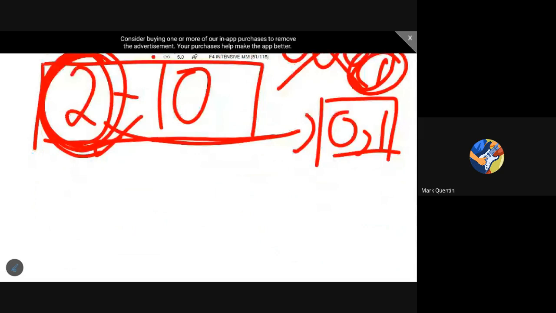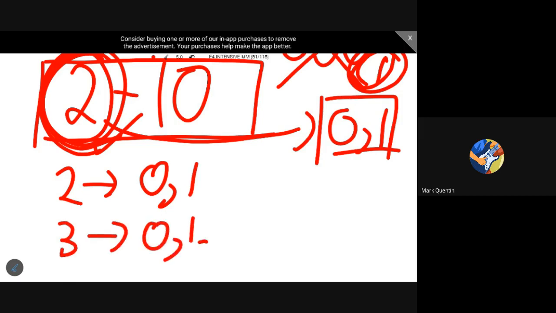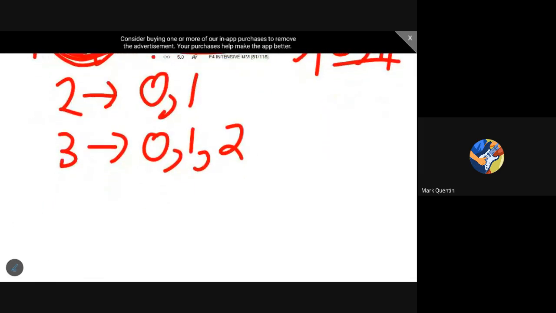Okay. So the summary is like this. Untuk 2, boleh kosong, 1. Later 3, kamu akan tambah 1. You will add 1. As the number base increases, the number of possibilities also increases by 1. Bila asas nombor tu bertambah 1, bilangan digit yang boleh diisi pun akan bertambah 1. Ini adalah pola dia. Kamu boleh lihat.